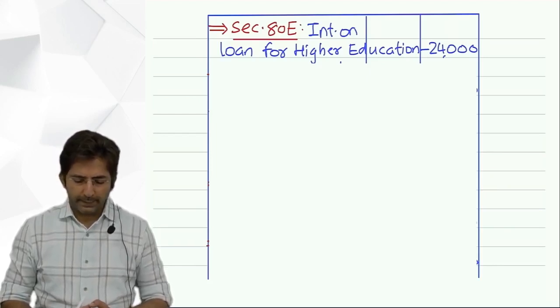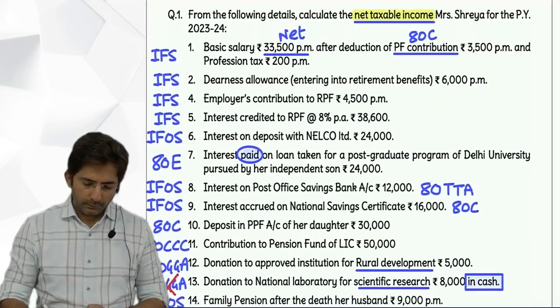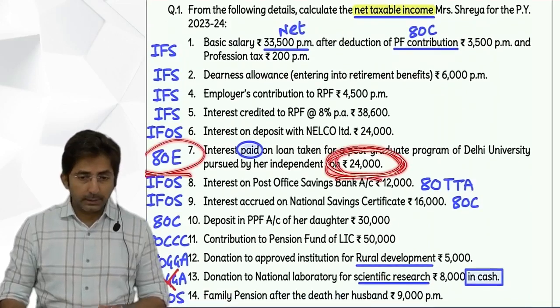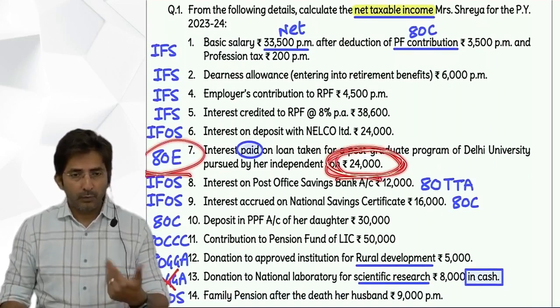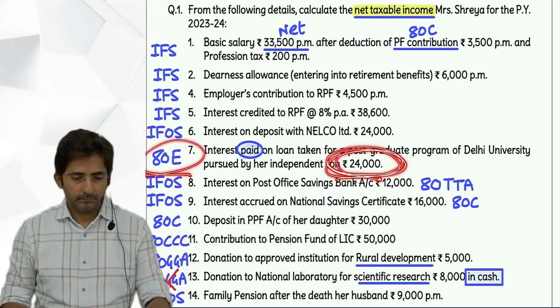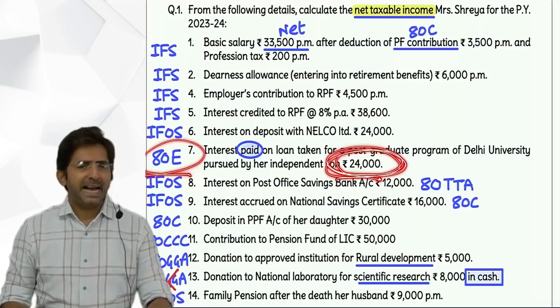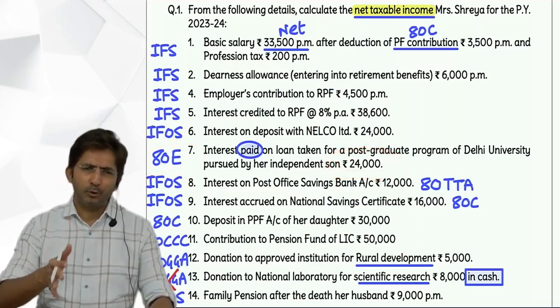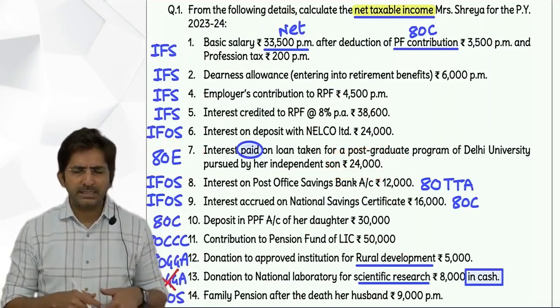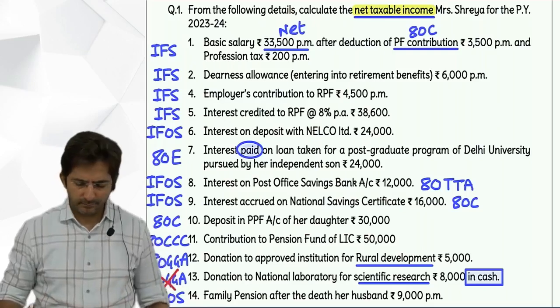Interest on loan for higher education. What was the amount of interest? 24,000. And here there is no limit. Full interest is allowed, but for maximum 8 years. See, in tax, there is nothing great in this sum. You have to remember the theory. Once you know the theory, the sum is just application of the theory.